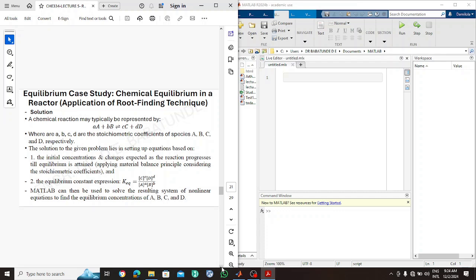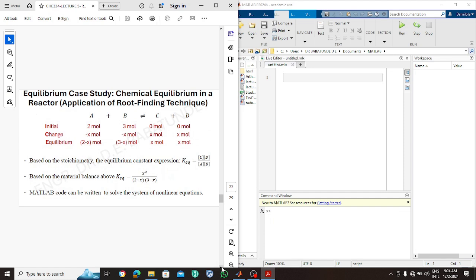You also multiply them together, all of the reacting species. So that will give you an expression. So if you combine that expression with the material balance expression I just explained to you, then you'll be able to solve the problem, which says that you should find what the concentration is going to be at equilibrium.